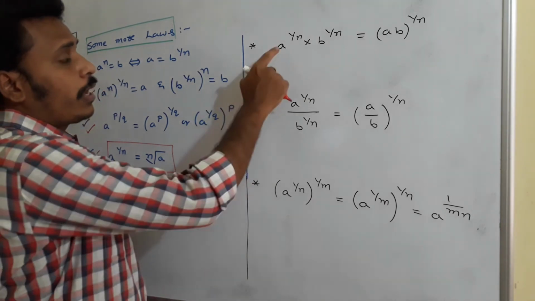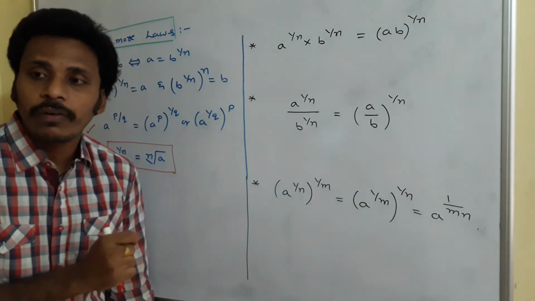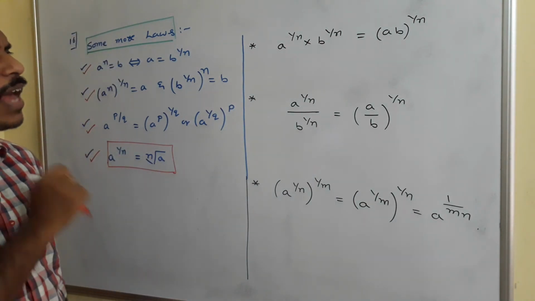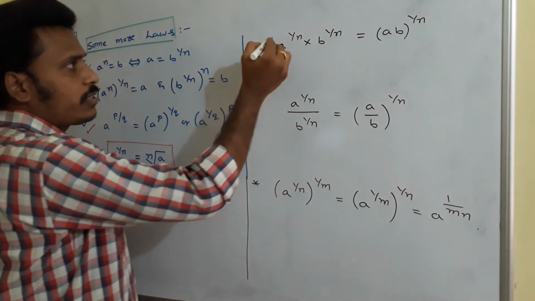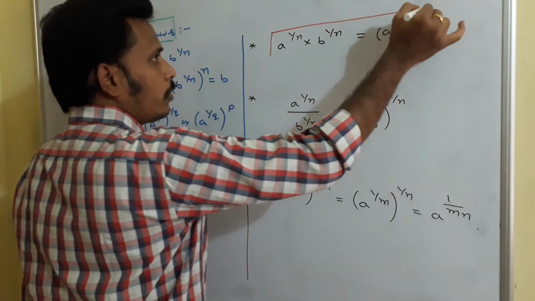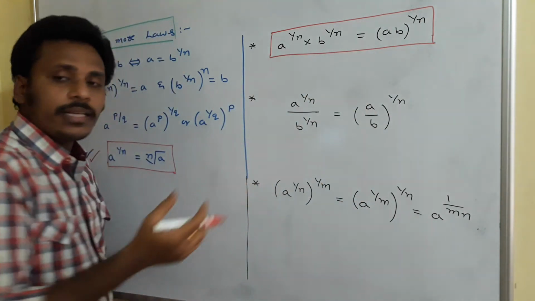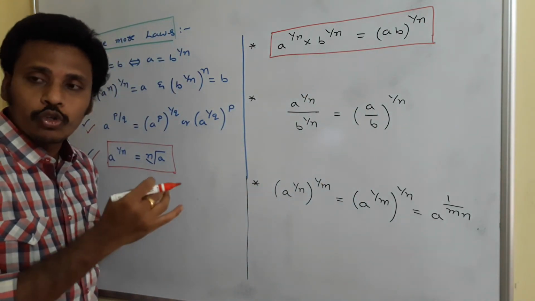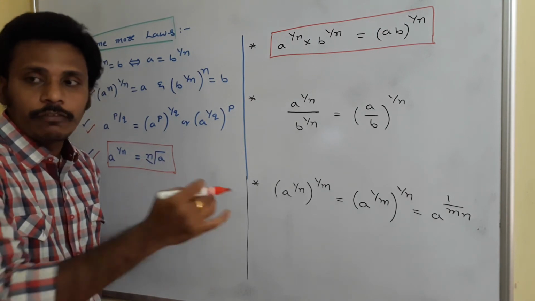Just have a look. a^(1/n) · b^(1/n) = (ab)^(1/n), and we have a chance to rewrite it in terms of nth roots also. This is the law, and we will develop it from the basic laws of exponents, like (ab)^m = a^m · b^m.